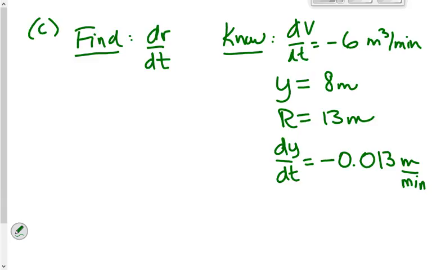Okay, so now I need some kind of equation that relates r with other things so that I can take the derivative of both sides. It could have capital V in it. I don't think it will. But I know two rates. I know this dy dt and I know dV dt. So as long as I get one, either V or y, I can use that rate when I find out the rate at which r changes. But what's the equation that I can use?